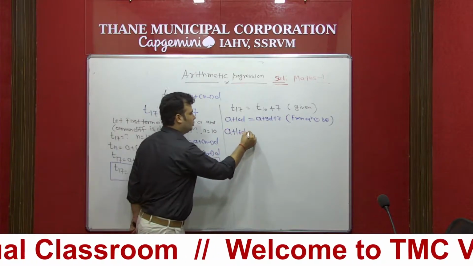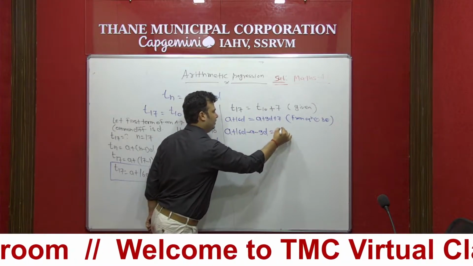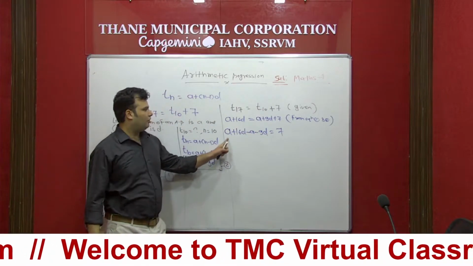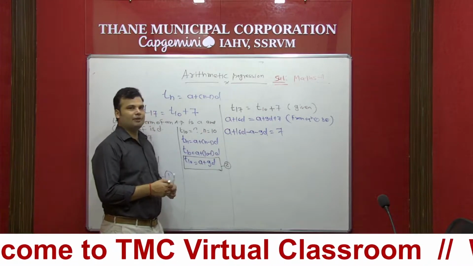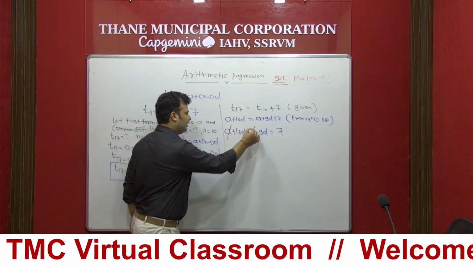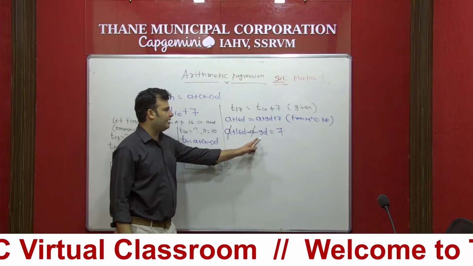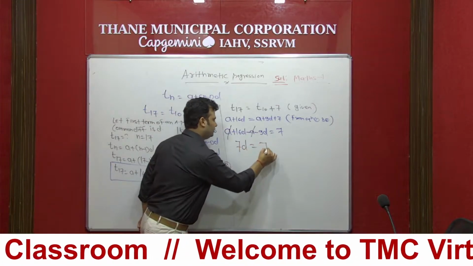So minus A and minus 9D, equal to 7. Now plus A minus A: whenever you see opposite signs like plus 4 minus 4, they get cancelled, similarly plus A minus A get cancelled. 16D minus 9D is 7D equal to 7.